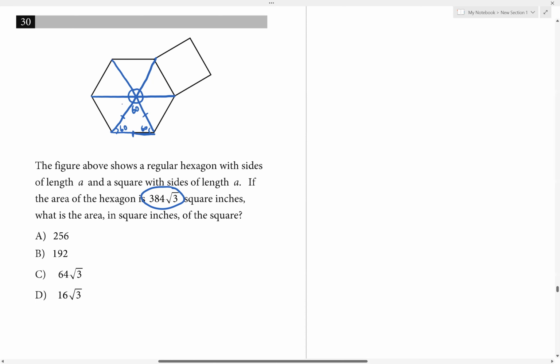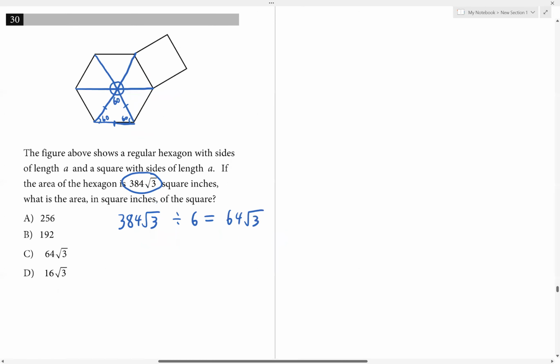Since we can split this into 6 triangles, and the area of each triangle is the same, we can take the total area of the hexagon, 384 square root of 3, and divide by 6. 384 square root of 3 divided by 6 is 64 square root of 3.